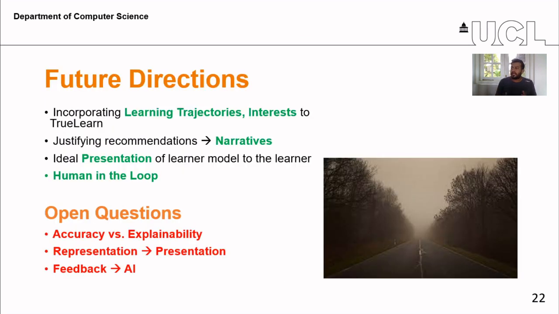So what are the future directions for us in X5GON and X5 Learn in terms of explainability? We want to enrich how the recommendation decisions are made by incorporating learning trajectories and learner interests into the system. And all of these things, because they are built on top of Wikipedia topic space, we can make sensible rationalizations that are more intuitive to humans.